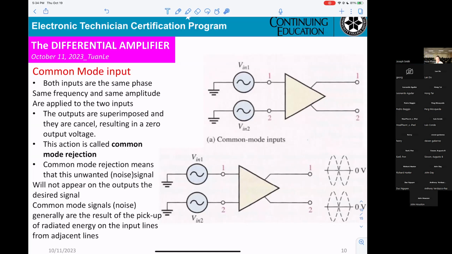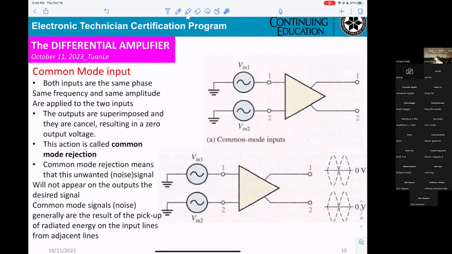That means very, very small. However, you can get radiation from the power line, creating a sine wave of very big voltage, 1 volt peak to peak. That means your voice will be buried inside here. So the purpose of the differential amplifier is to reject the noise and be able to amplify your voice only.